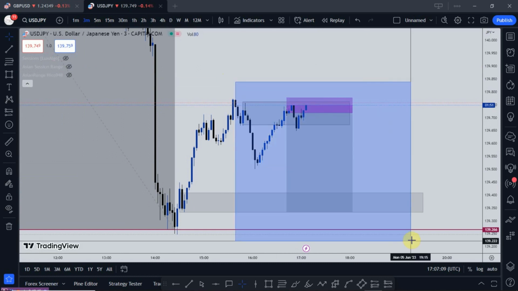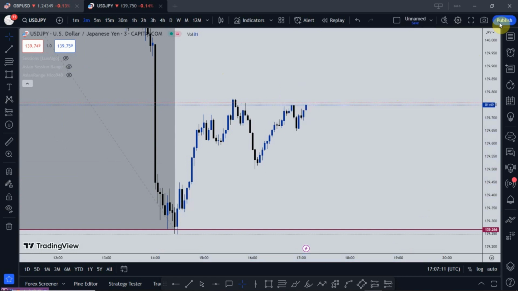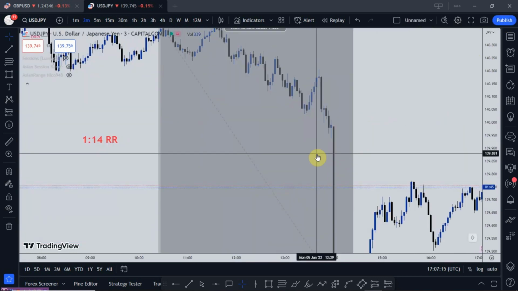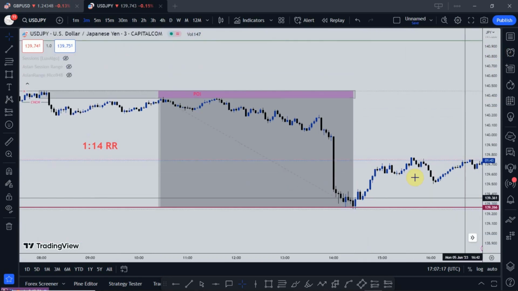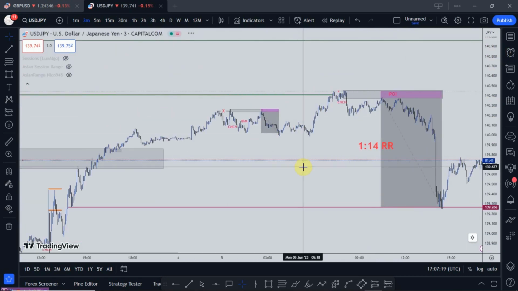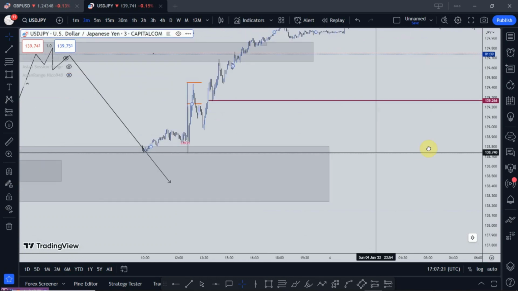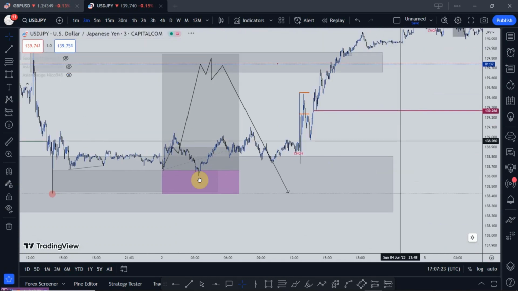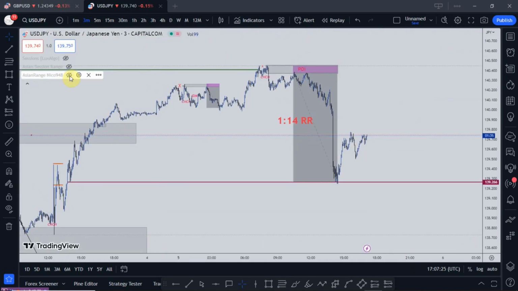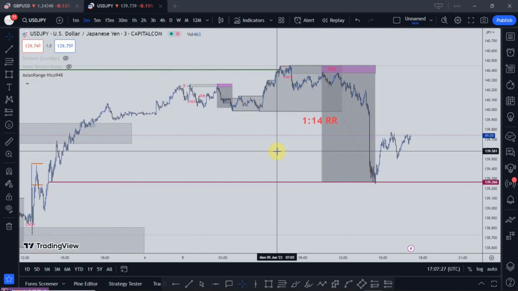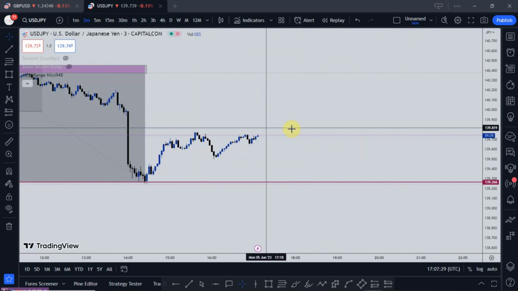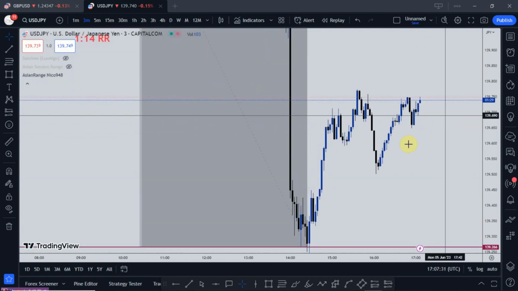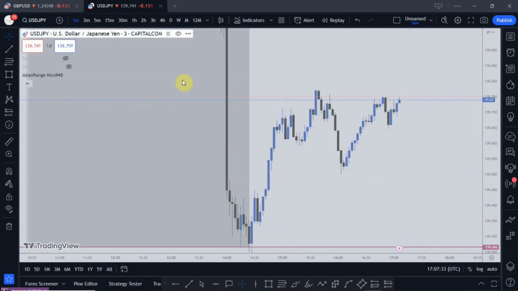Let's see if it is also happening. Actually, there's a different thing altogether. All right, I think it is here. Let's see the 1 minute time frame.